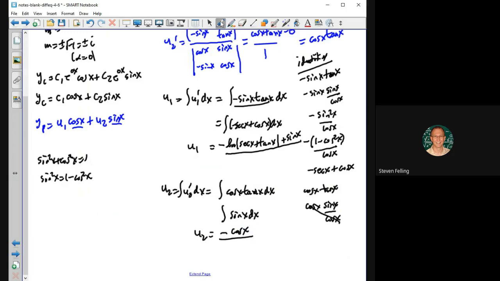And that means that I can go back up here to my particular value and fill in those values to find that. So I know that yp is going to be u1, which is negative natural log of secant x plus tan x, plus sine x times cosine x, plus u2, which is negative cosine x times sine x.